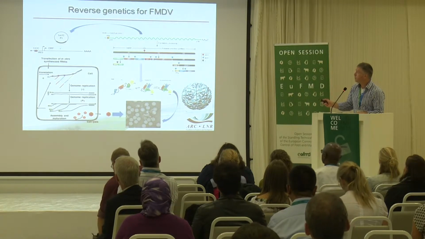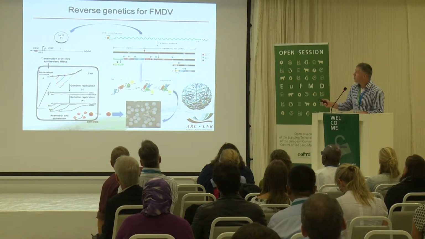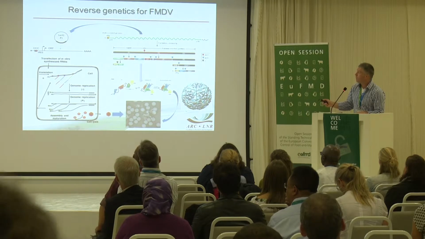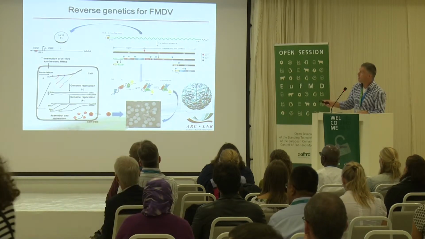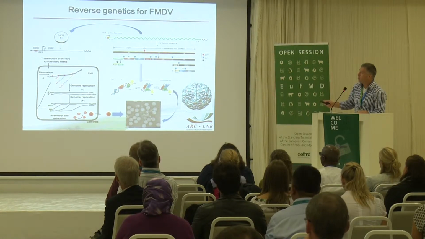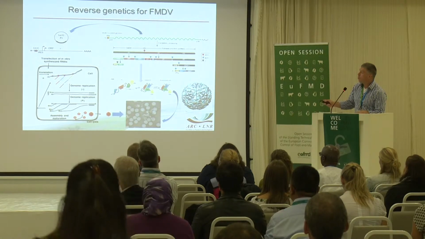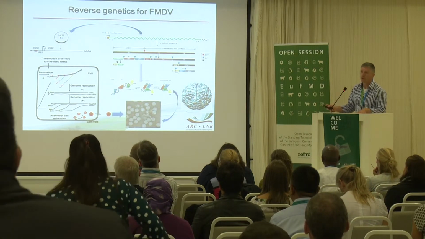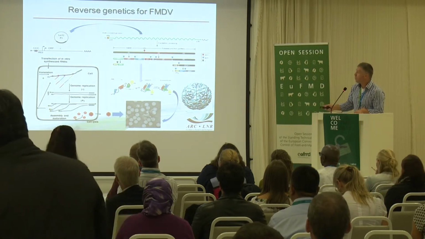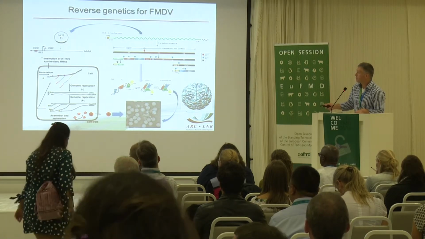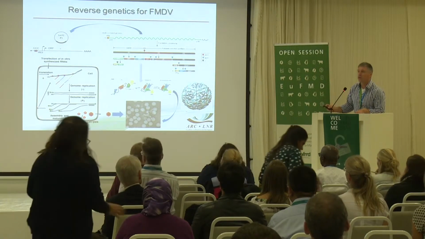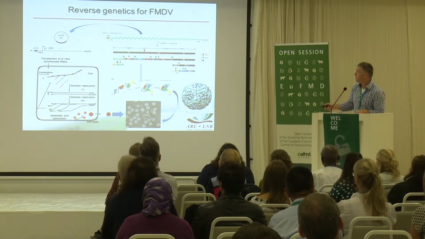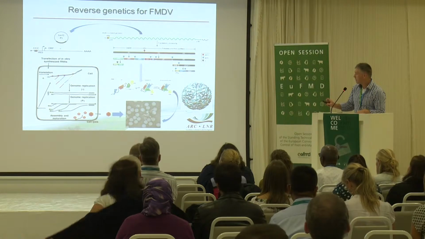Basically, the definition of reverse genetics is that you convert the full RNA genome of the virus into a cDNA copy, which you clone into a plasmid, and then you can produce RNA from this DNA in vitro, or you can use the plasmid itself to transfect into BHK cells, after which you get transcription and translation, and the proteins of the virus will assemble themselves to make new virus particles.